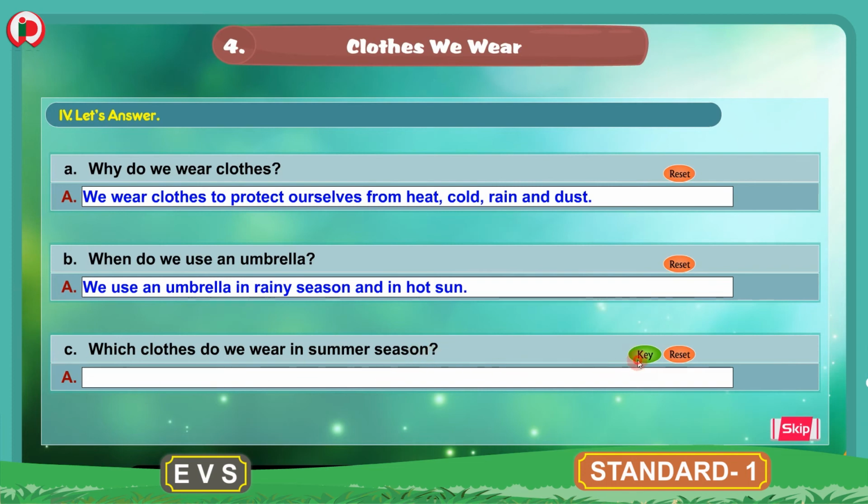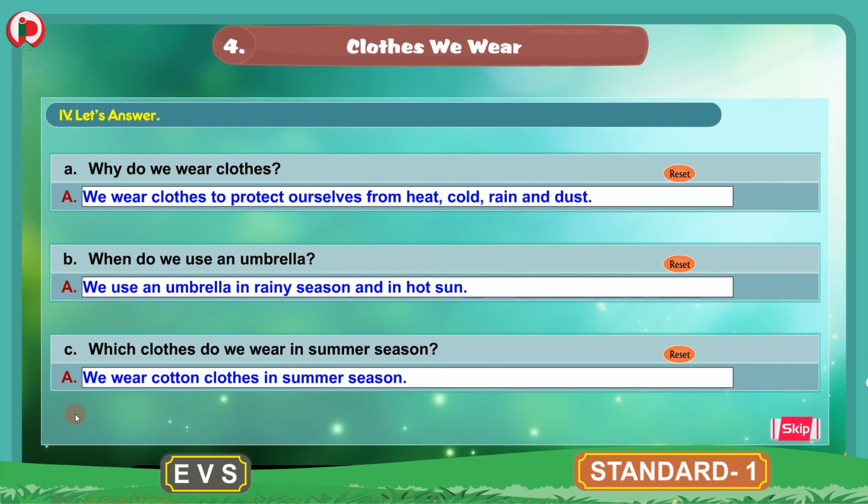The answer for this question is, we wear cotton clothes in summer season. So these are the questions. And the C question is, which clothes do we wear in summer season? We wear cotton clothes in summer season.